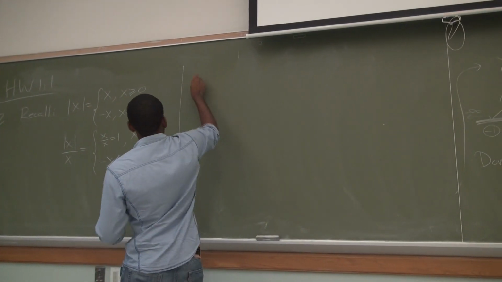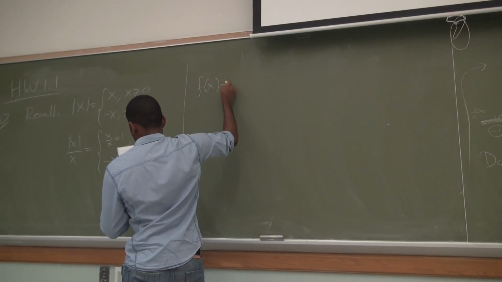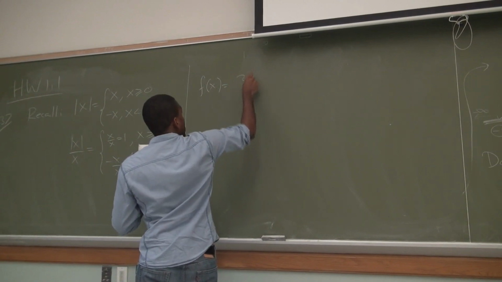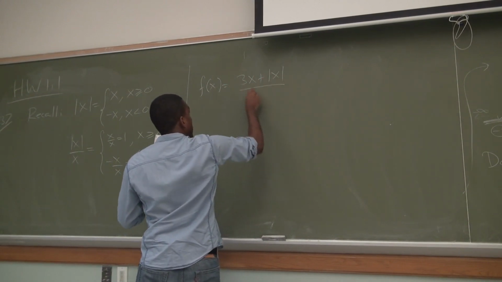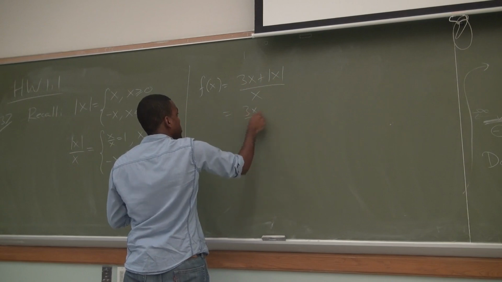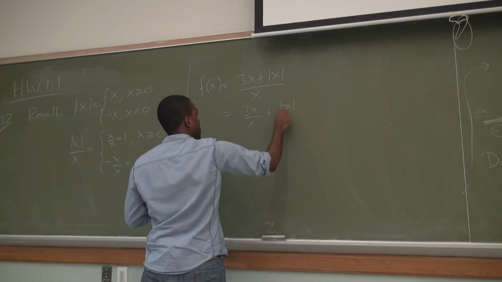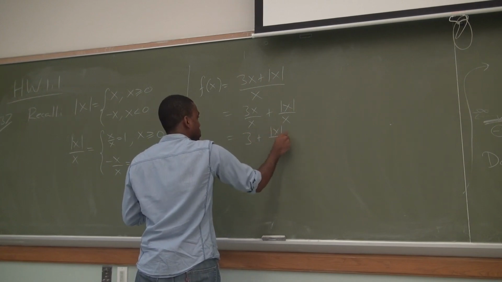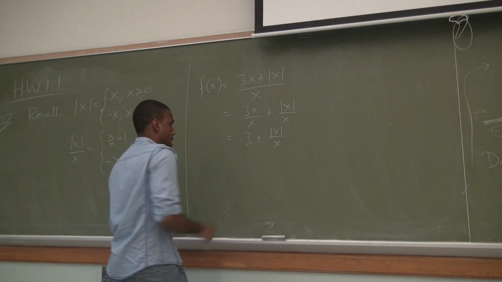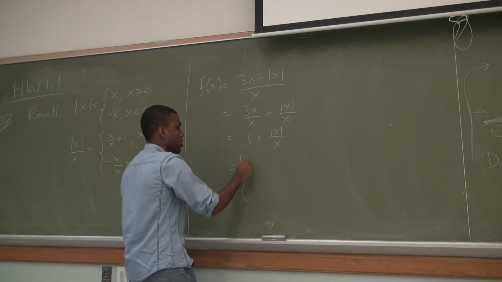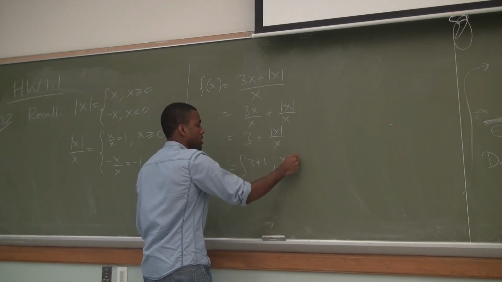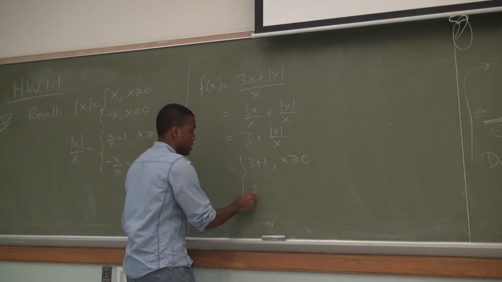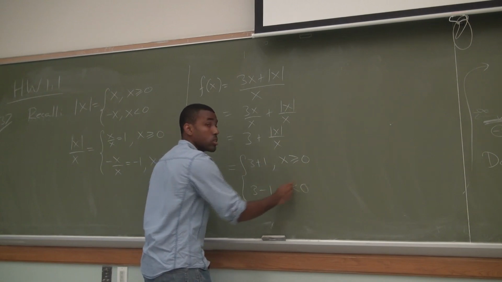If you're looking at, now they ask you about 3x plus absolute value of x over x. I would probably just think of this as 3x over x plus absolute value of x over x, which is 3 plus absolute value of x over x. And so you just know that this is actually 3 plus 1 when your x is greater than or equal to 0, and it's 3 minus 1 when your x is less than 0.